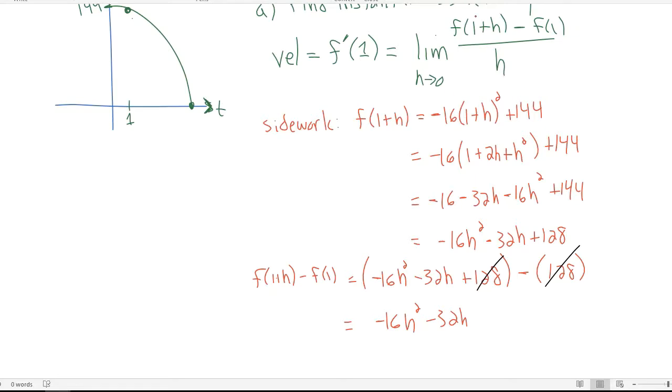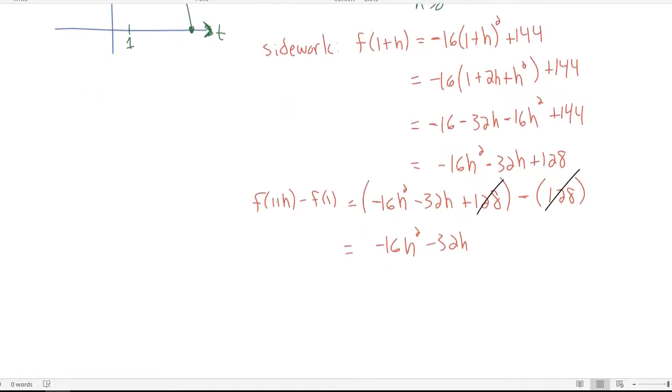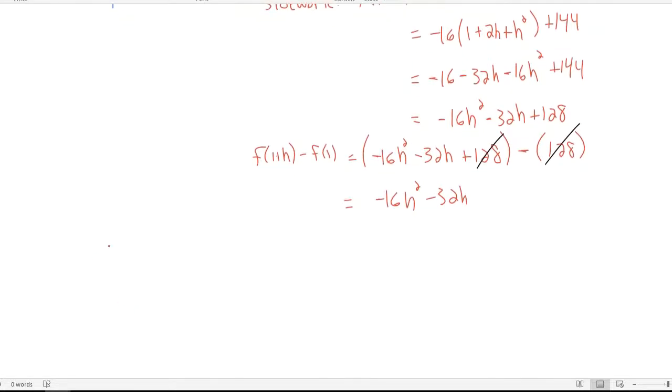The numerator of this derivative formula is what we just ended up with, negative 16h squared minus 32h. So let me rewrite this. I'm going to have f prime at 1 is going to be the limit as h goes to 0 of negative 16h squared minus 32h all over h.